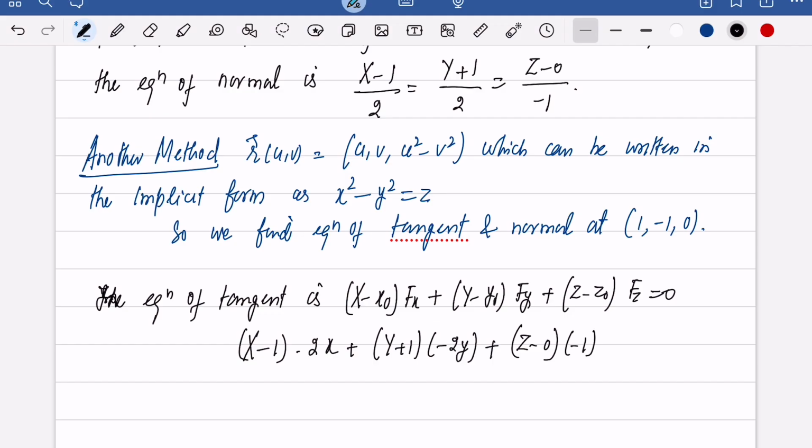because we can shift this z onto the left hand side to write down the equation of f of x, y, z. So actually here we have f of x, y, z is equal to x square minus y square minus z.